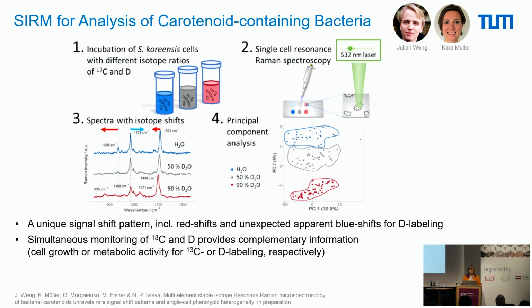So in this case, we can use the resonance effect in Raman spectra and observe the bands of carotenoids, which are shifted. And if we combine 13C and deuterium labeling, we found even so far non-described shifts. Some of the bands are redshifted as expected, but for one band, we even observed an unexpected blue shift.